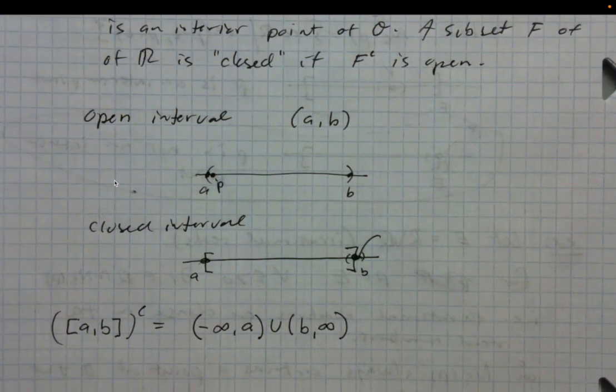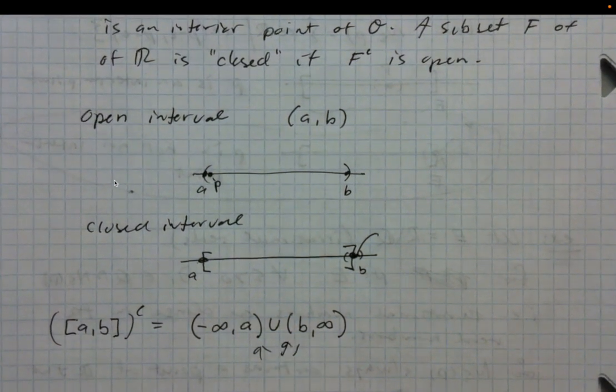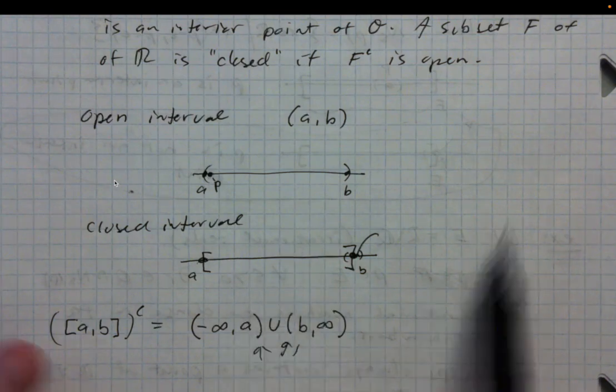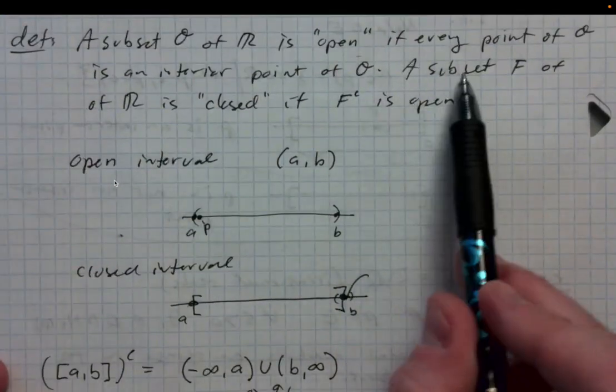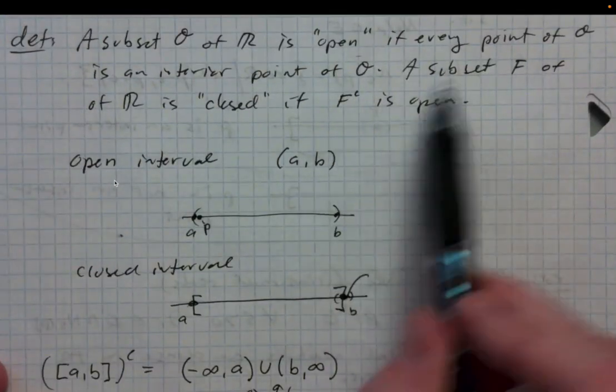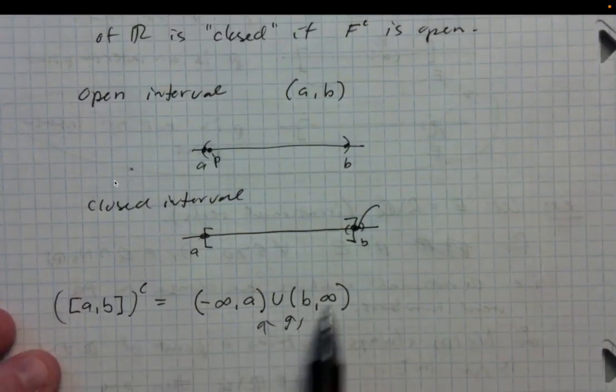So in the case of an interval, the complement of a closed interval is obviously open. Notice the endpoints here, right? And so this is obviously an open set. And so for the idea of a closed interval, we can fall back to the definition: a subset, an interval, is closed if its complement is open, which we can clearly see would be the case.